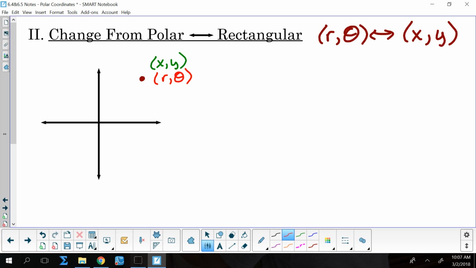Well, let's go rectangular first, into polar. How am I going to be able to find the r and the theta of that exact same point?